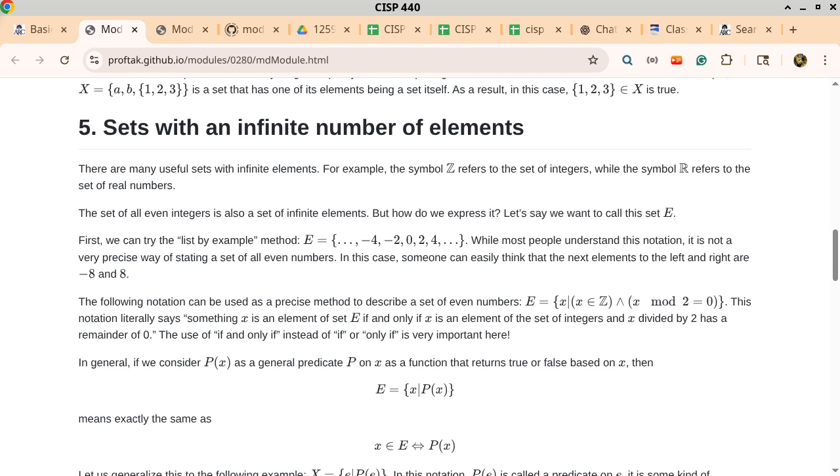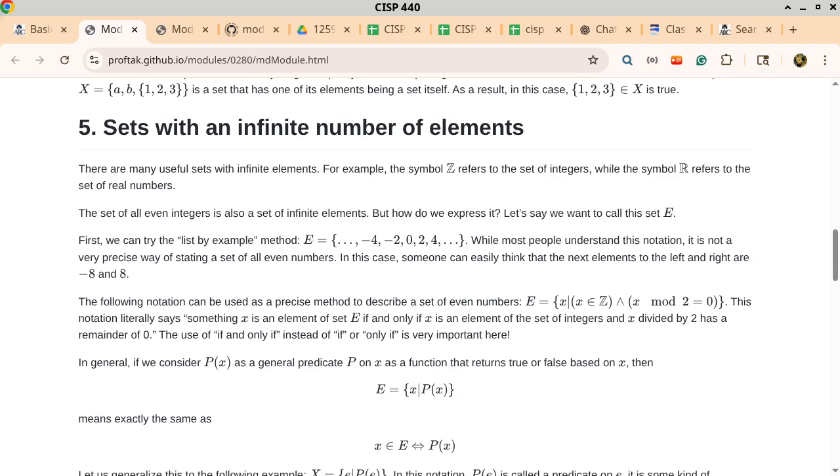All right. So the problem with not having a formal notation and just saying, okay, I'll just give you some examples of what is in this particular set, is you really do not know what is before the -4 or what is after the 4. And also, by the way, you remember that there's no intrinsic ordering within the set, right?